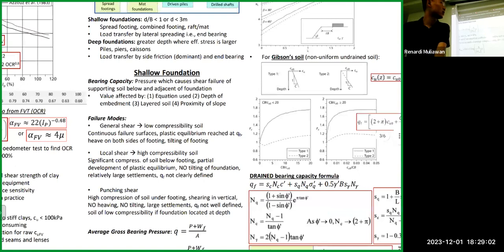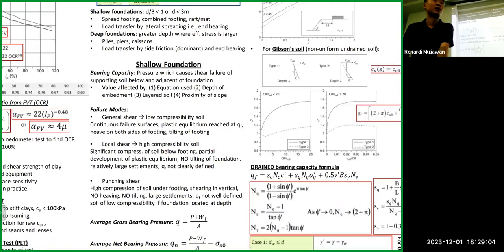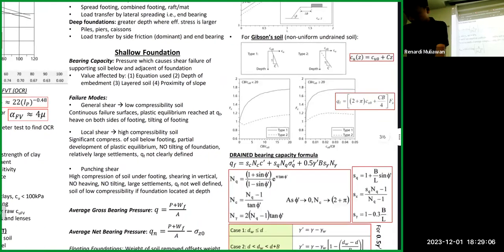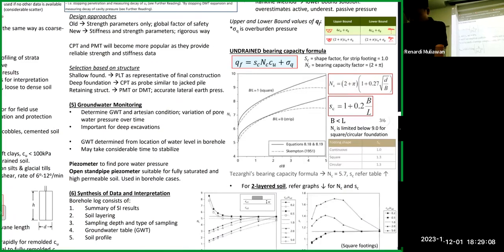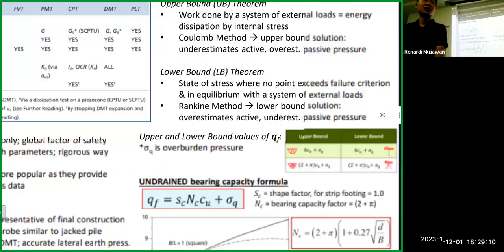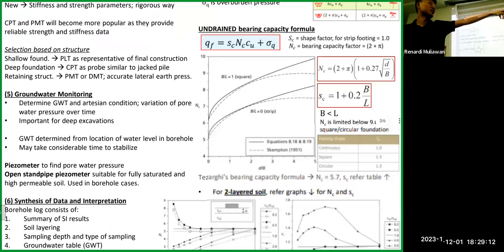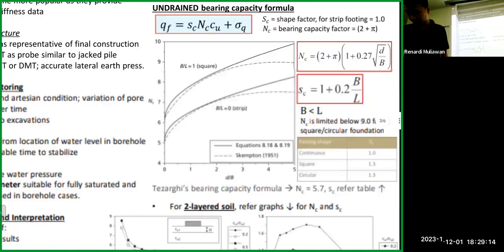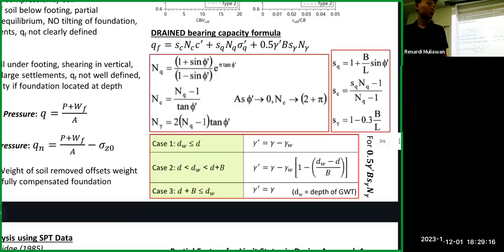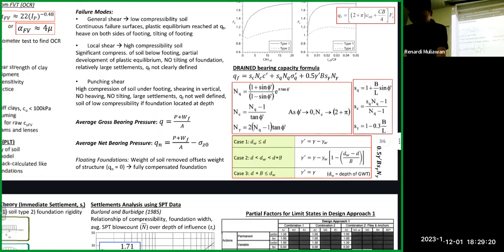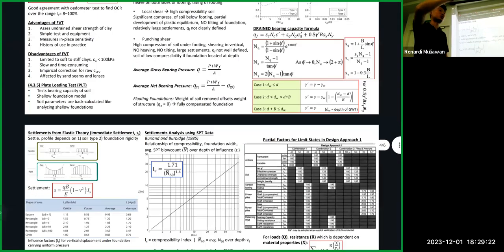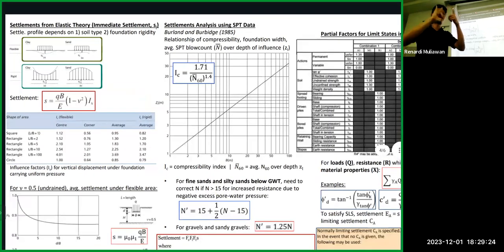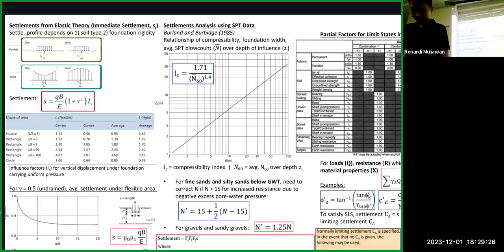So for ULS, I think it's only bearing capacity in foundation. Okay. We have drained and undrained cases. Yeah, so this is the undrained case, and there's the drained case. Okay, so bearing capacity is just undrained and drained. Then after that is settlements. So actually just two for shallow foundations, bearing capacity and settlements. Okay.